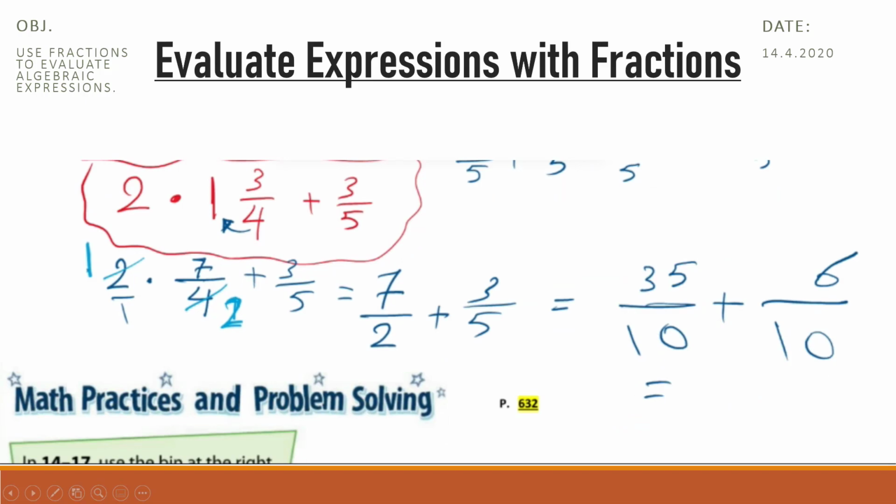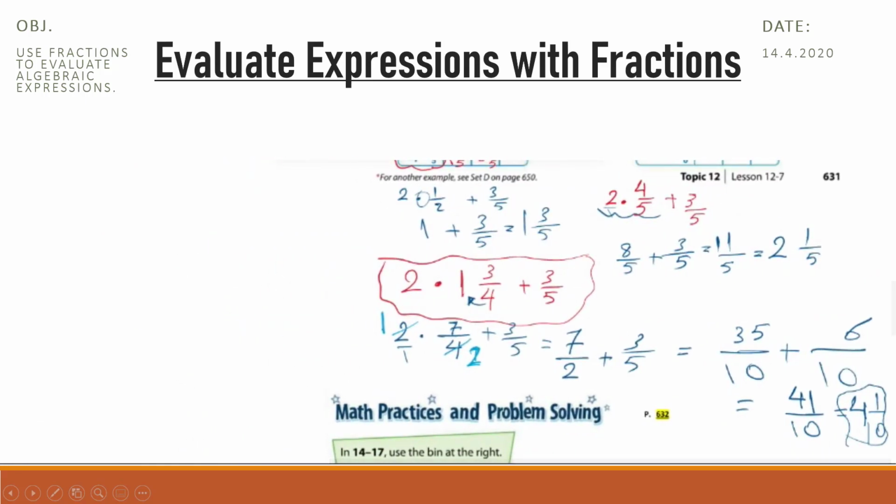We have here the denominator 10, and 6 plus 35, that's 41. And 41 over 10 is equal to 4 and 1/10. So the final answer is 4 and 1/10.